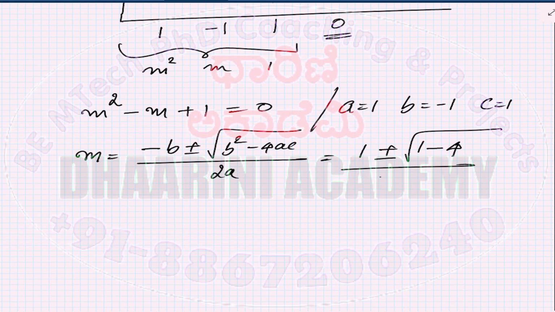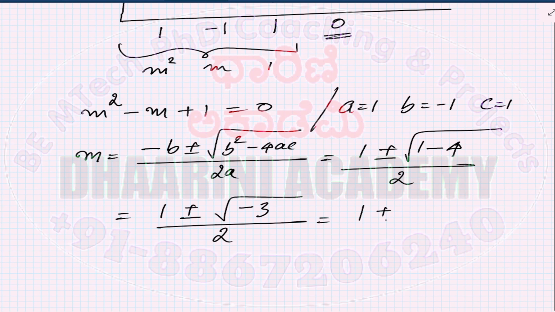Whole divided by 2 into 1, which is 2. So the m becomes equal to 1 plus or minus root of, you see that this is minus 3, correct? This is minus 3 whole divided by 2. Alright, so this is equal to 1 plus or minus root 3. I can write root 3 itself, but it is minus 3. Minus is i, root 3 I keep as it is, divided by 2.